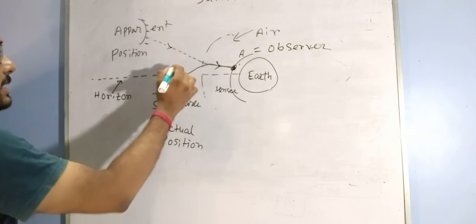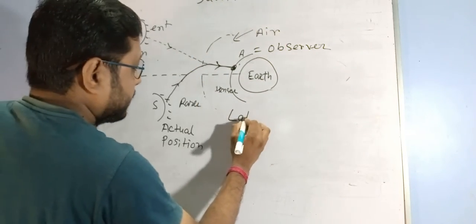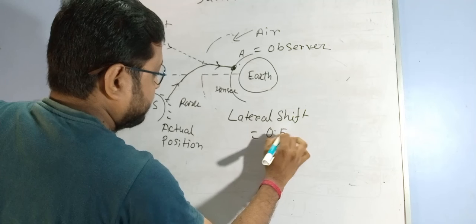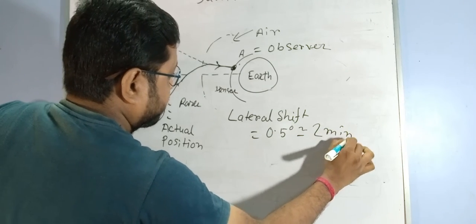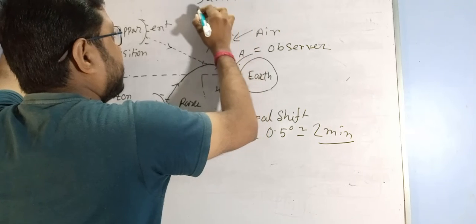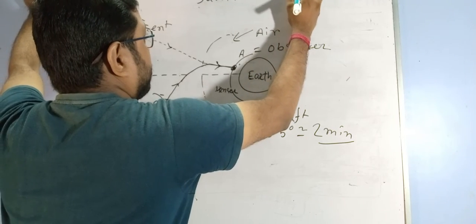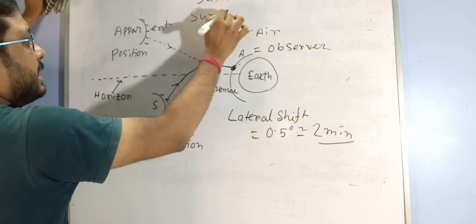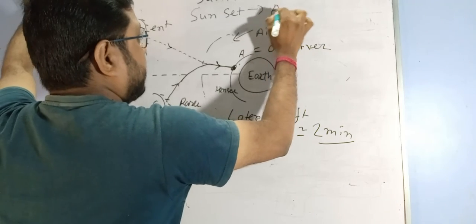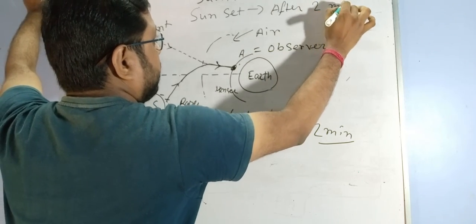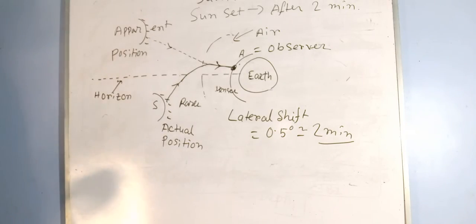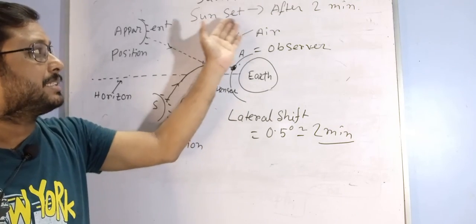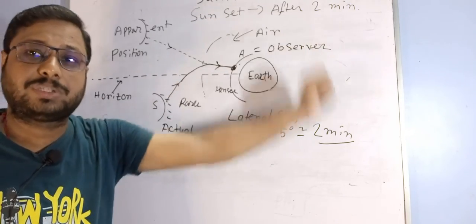So one can see the sunrise, and the lateral shift here is 0.5 degree, which is nearly about 2 minutes. So one can see sunrise 2 minutes before actual sunrise, and sunset 2 minutes after actual sunset.